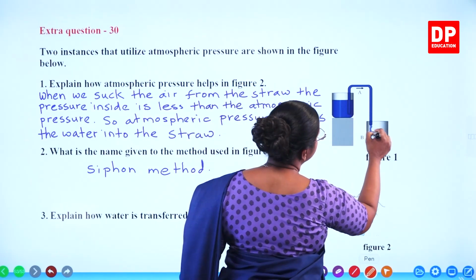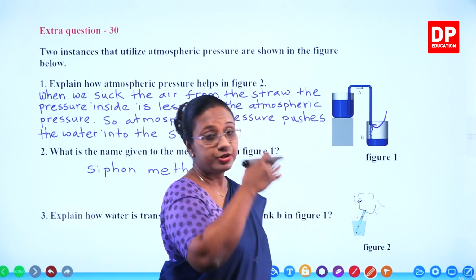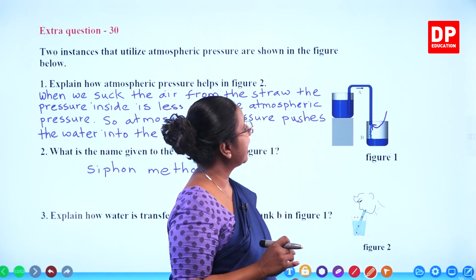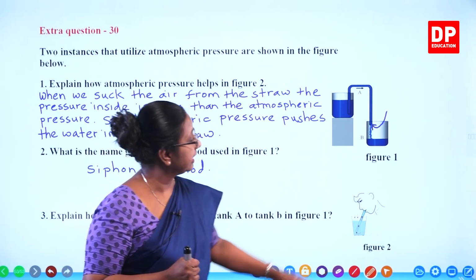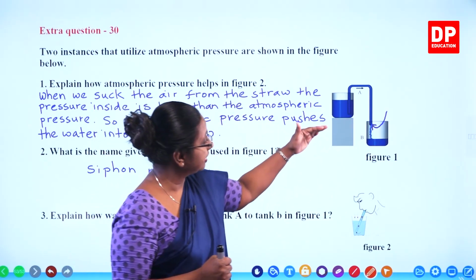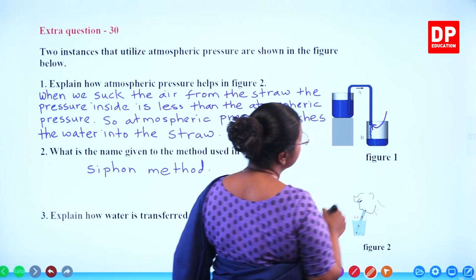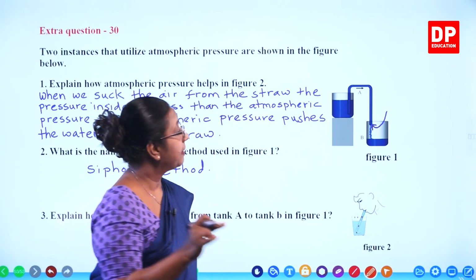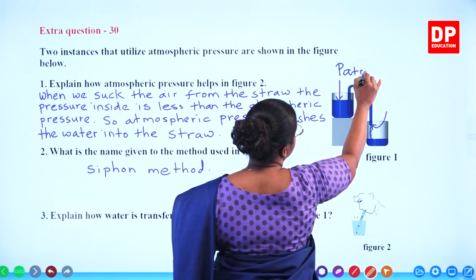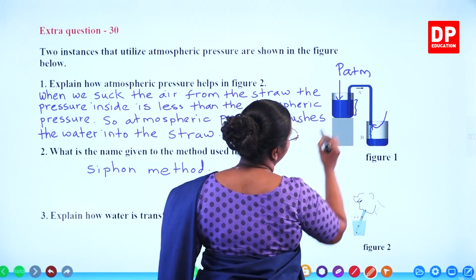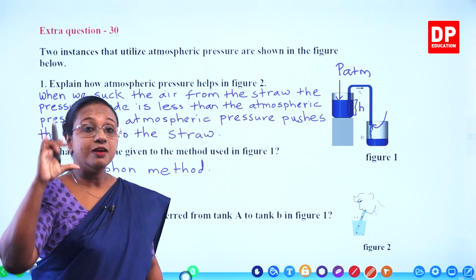What happens here? If we mark this point here, initially there is only water there. We have the tank A at a higher level. We put the rubber tube into the tank. We close the end, this end, and we bring it down. Initially the atmospheric pressure is acting at the open end. But if you take this point, it is the atmospheric pressure acting there, plus there is a water column. If you take the tube here, there is a height, so there is a pressure exerted by that water column.